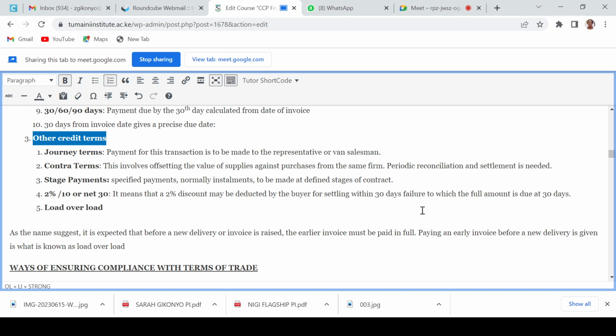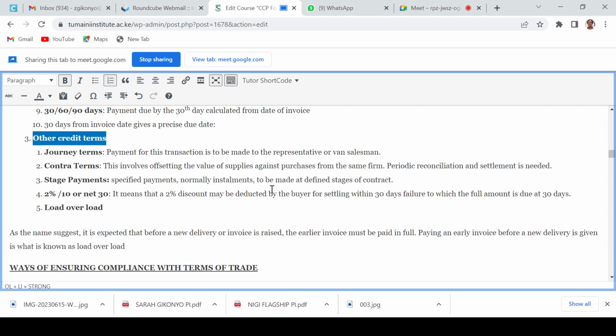So we call them journey terms. Then there are others we call contra terms. Contra means that I am buying from you and you are buying from me. For example, I am selling packaging materials and I am buying raw materials from you for those packaging.